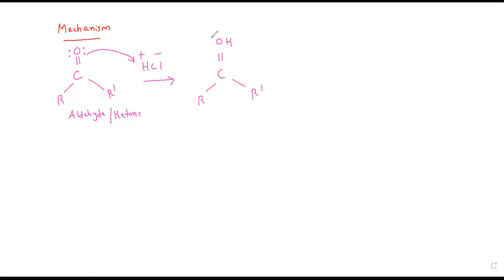But here oxygen will have only 1 lone pair of electrons with a positive charge, because when oxygen donates the lone pair of electrons to hydrogen, it has only 1 lone pair of electrons left. So it is deficient with another lone pair of electrons, and you can designate this by a positive charge. So this is nothing but your protonated carbonyl group.